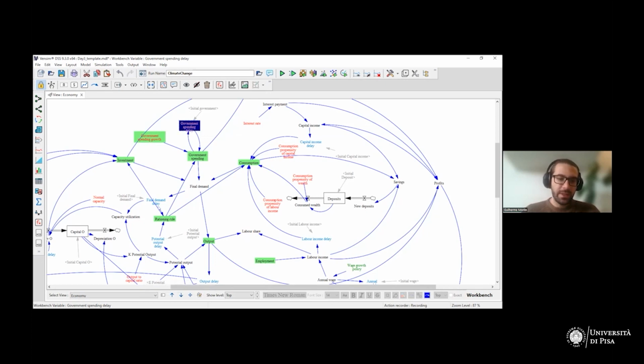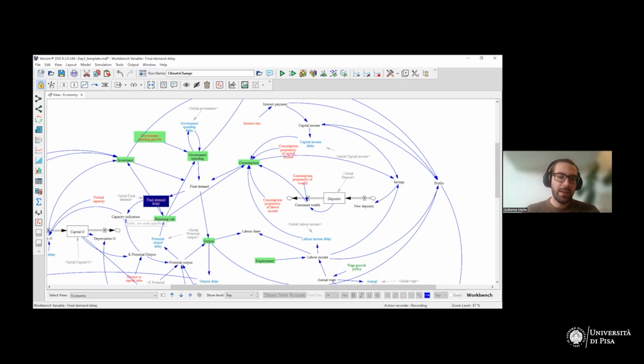So for instance, in the case of investment, since investment is causing the current final demand, but we know that in a way the firms decide to invest when they face more demand, we create this rule that entrepreneurs are actually looking at the previous period demand.